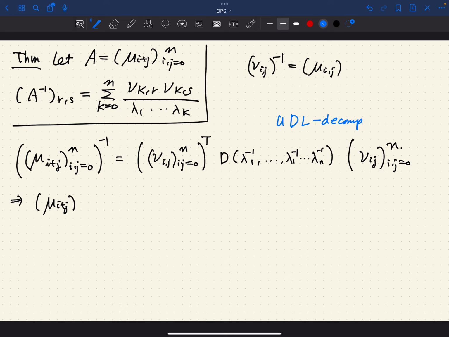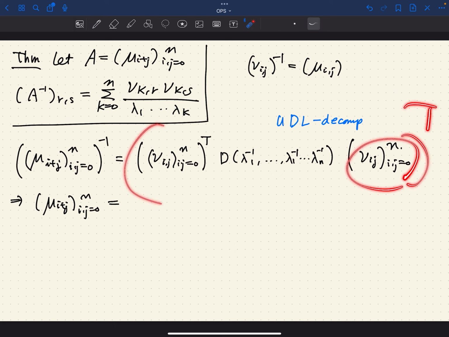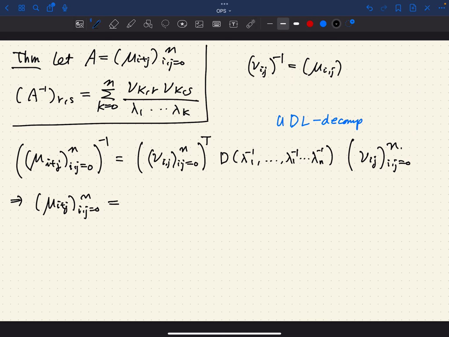And if you take the inverse of both sides, then you get this matrix identity, ij from 0 to n, and this is the inverse of this inverse of this, but that's exactly this. So it's mu i comma j, ij from 0 to n.